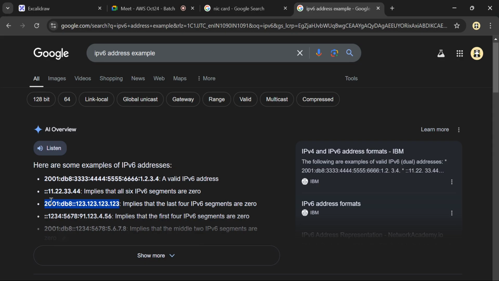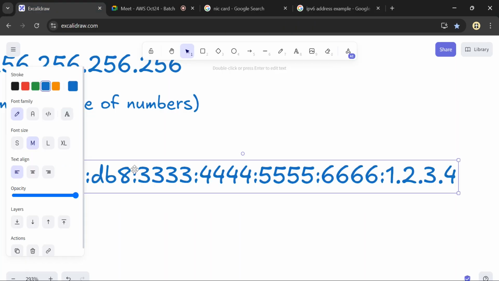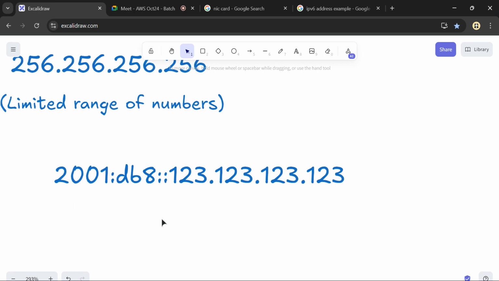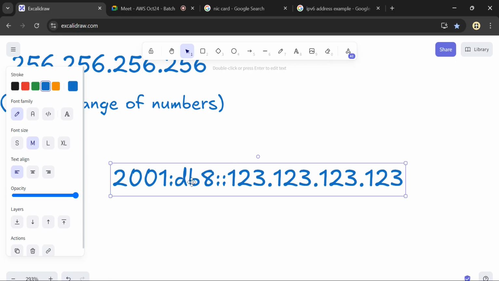Let me take this example. You can see here there are 6 blocks of code, and they are not only numbers, they are a combination of numbers and alphabets, and they will be of total 6 blocks.